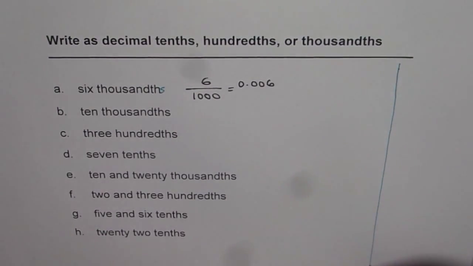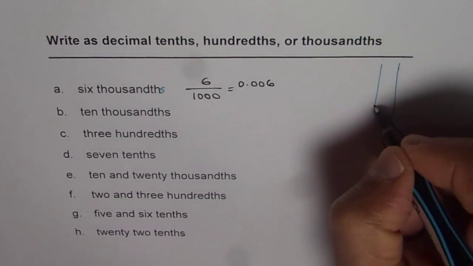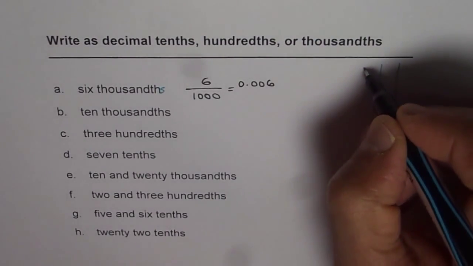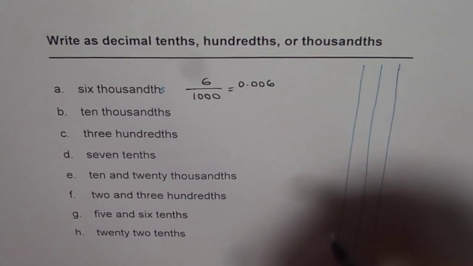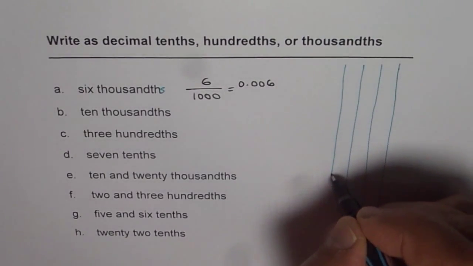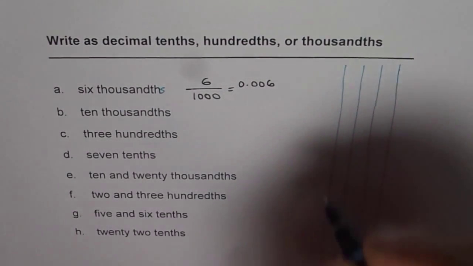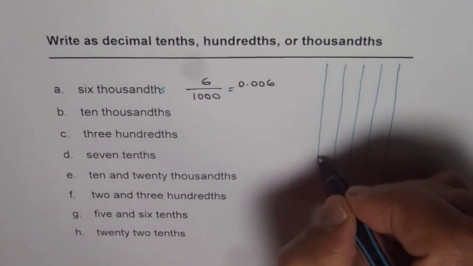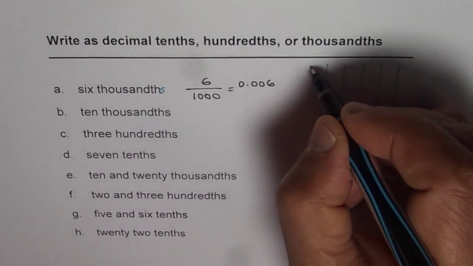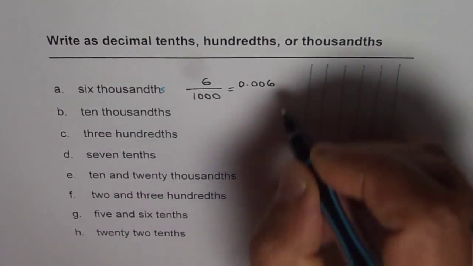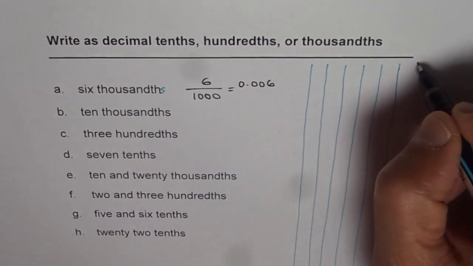So let me draw these lines to represent the place values for each number. So first I'll draw these lines, and then we will see what they represent. Okay, let me draw one here.